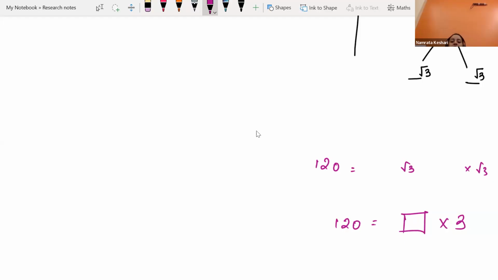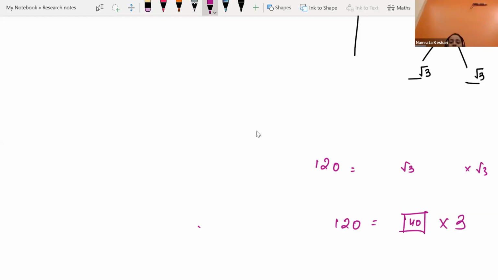What shall we multiply in 3 to get 120? Let's divide 120 by 3. Divide 120 by 3, you get 40. So 40 multiplied with 3 is 120, right?